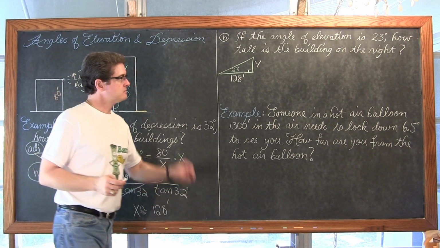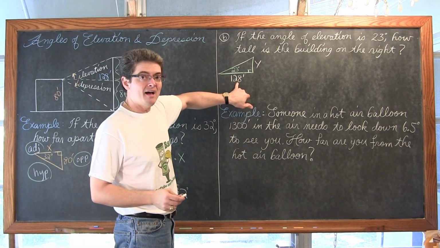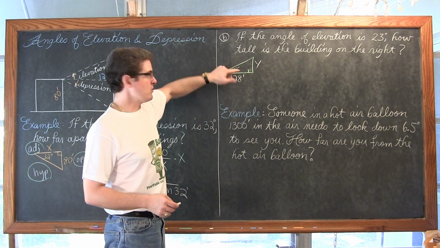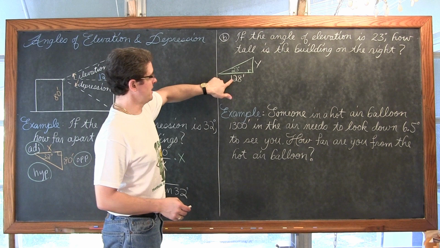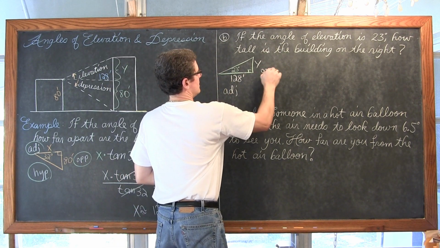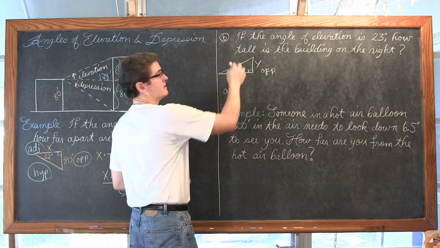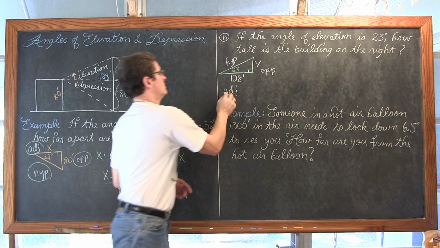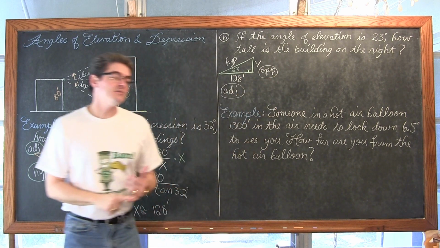Well, again, what do you have and what do you want? Well, if I'm using this angle of 23 degrees as angle of elevation, then this is the adjacent side. This is the opposite side, opposite the 90-degree angle is always the hypotenuse, and I have the adjacent side.